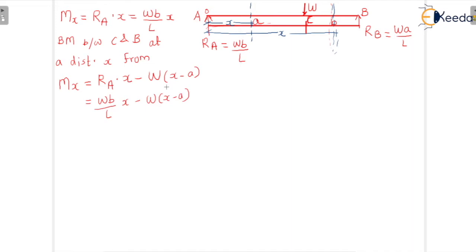Now this above equation of bending moment holds true for all the values of x between x equal to a and x equal to L. Now the bending moment for any section of the beam can be expressed in a single equation.